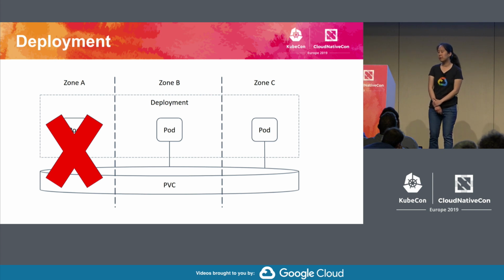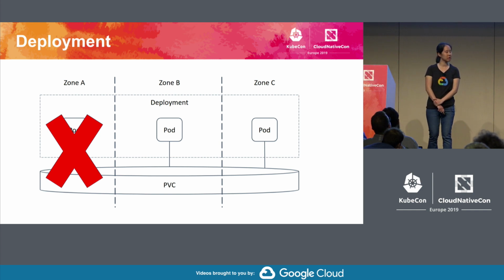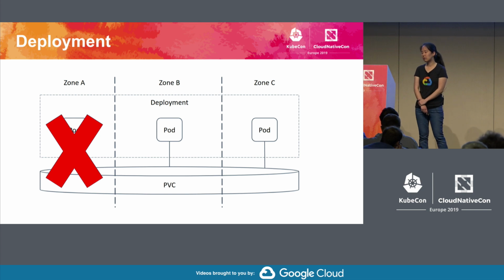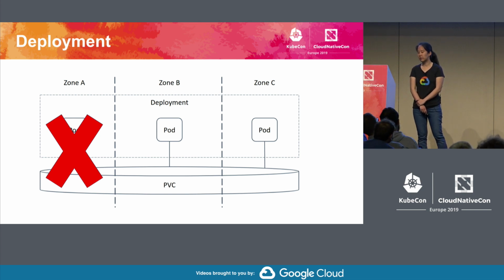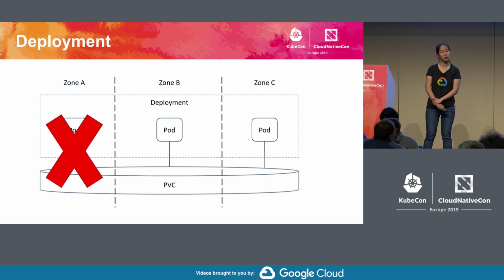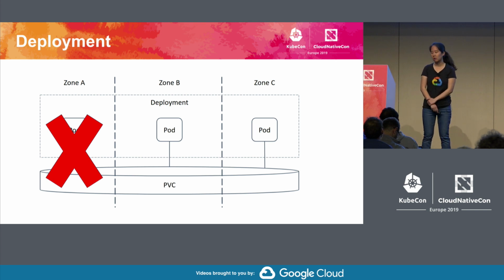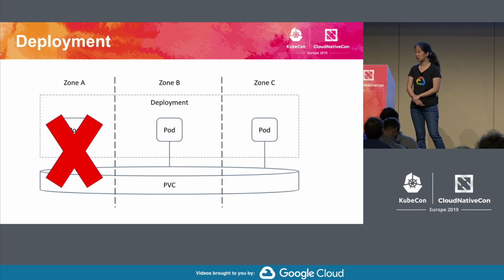So it's important to point out here that deployments are good with multi-writer volume types. Single writer volume types do not work well with this model because they can only be accessed from one node at a time, which means that you would be restricted to only having one replica in your deployment, which will not give you high availability.